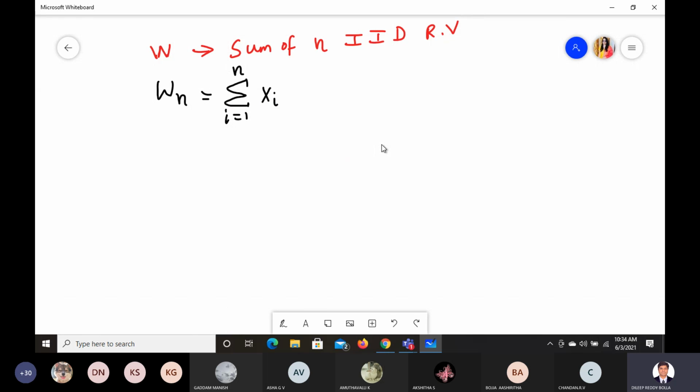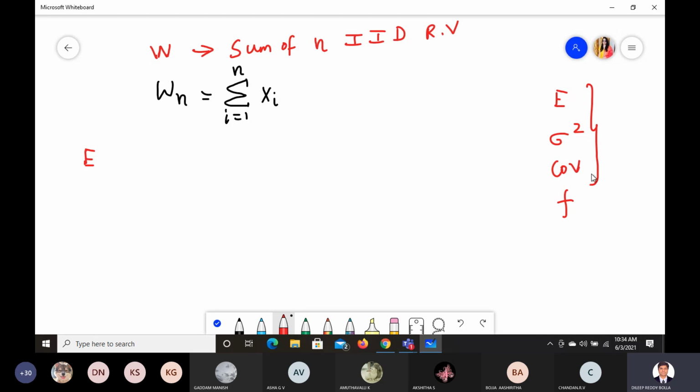Now the question here is, we need to find the expectation of this. Anything you see in this module, we have to find either expectation, variance or sigma square, covariance or PDF.